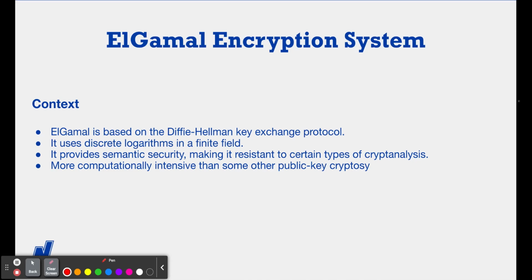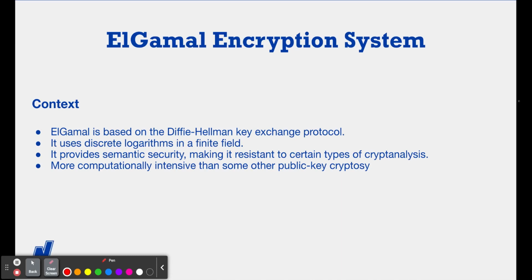The ElGamal system operates on the discrete logarithm problem in a finite field, a mathematical problem considered computationally difficult to solve. This makes it computationally secure against an attacker who doesn't have knowledge of the private key.